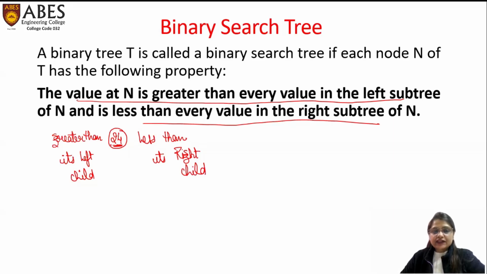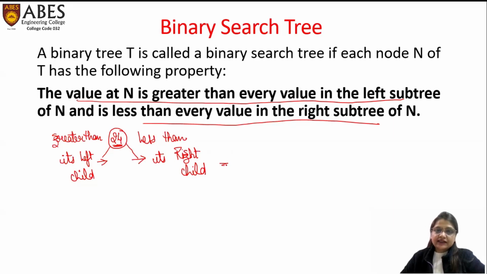It means after 24, all those data items which are less than 24 will be at the left side, and all those data items which are greater than 24 will be placed at the right end.